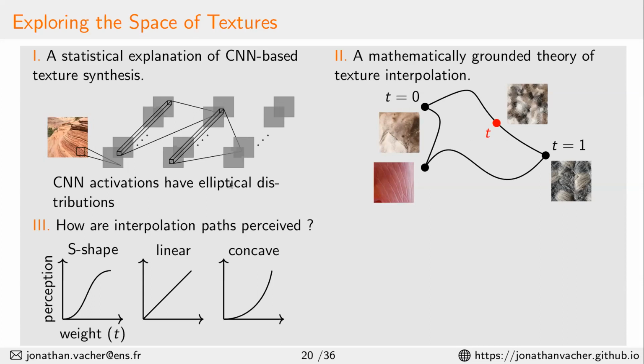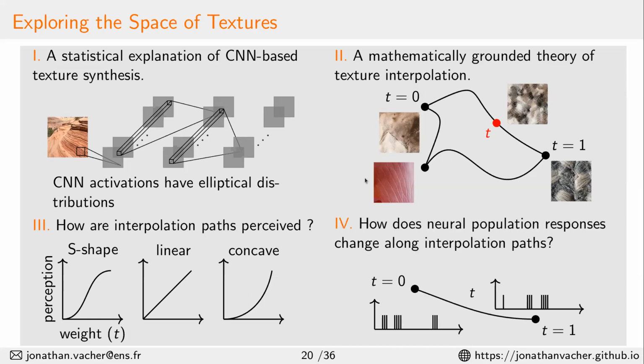Using these textures, I will show how we can study the interpolation between textures and how the space is perceived, and how you perceive the change when you move from one texture to another along the line. Finally, there is also a question that we can ask in neurophysiology: how the neural activity is changing along the path, but I won't go into the details here.